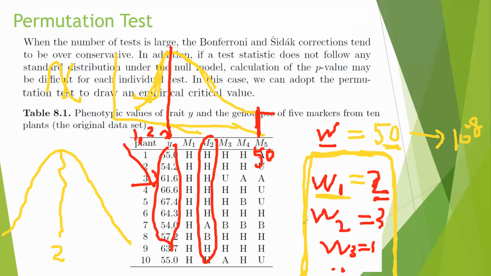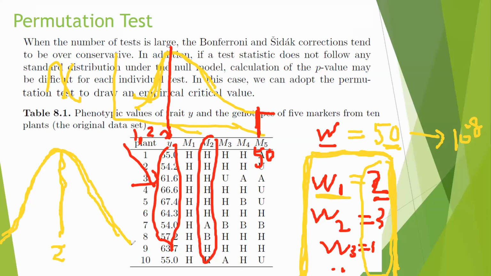So if you permute your data, let's say 100 times, what's the distribution of the test statistics based on your permuted data? Do you think the distribution of these numbers will be something like a normal distribution centered around 2 or 3, right? This is a null distribution, which means the distribution of this test statistic is based on no association between this locus and the trait, right?